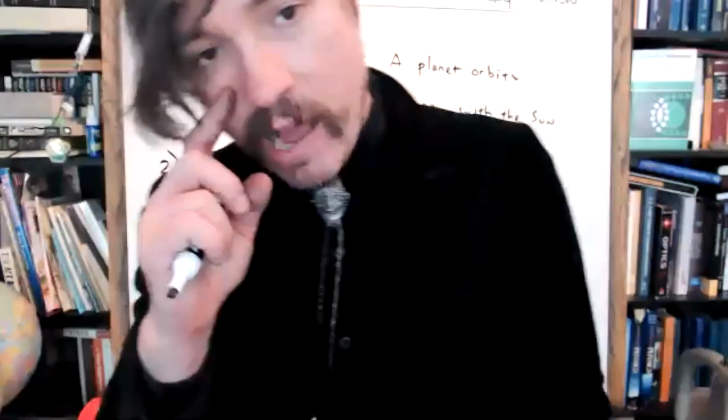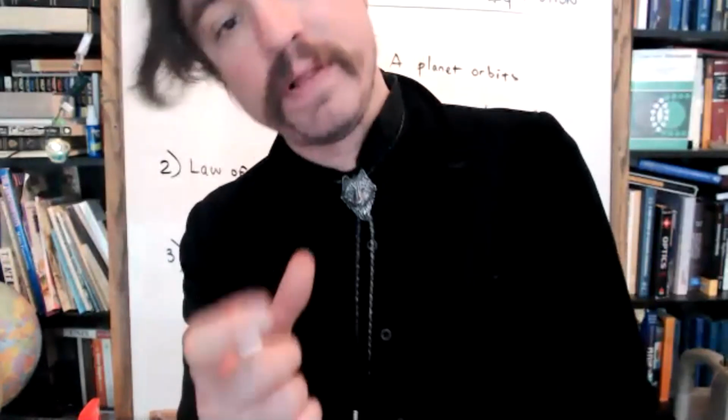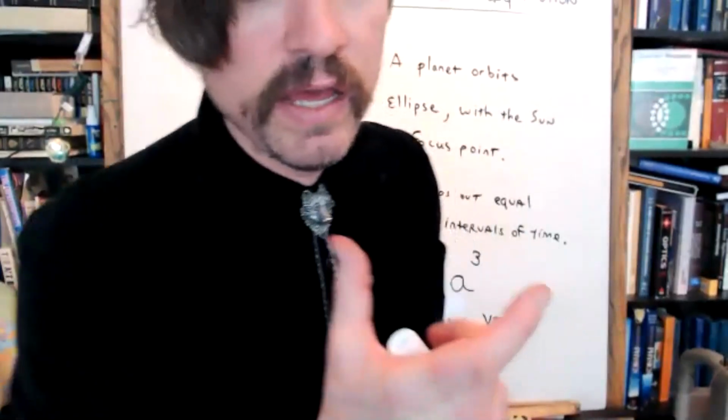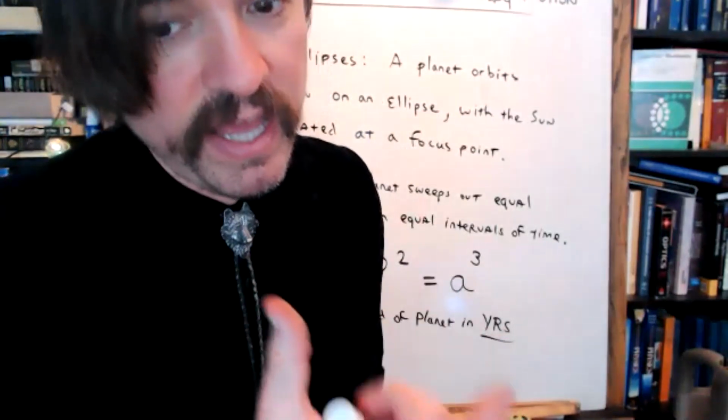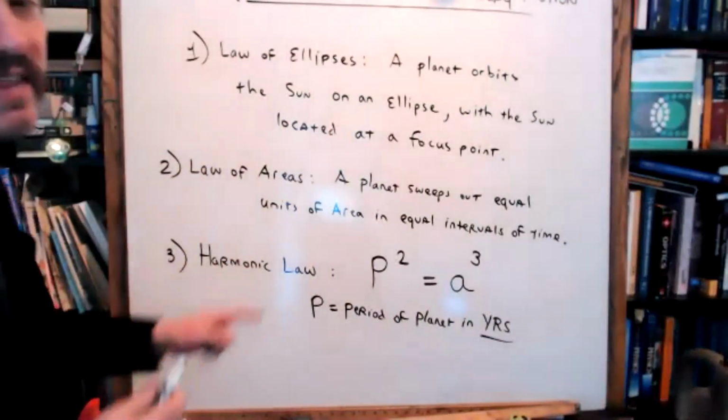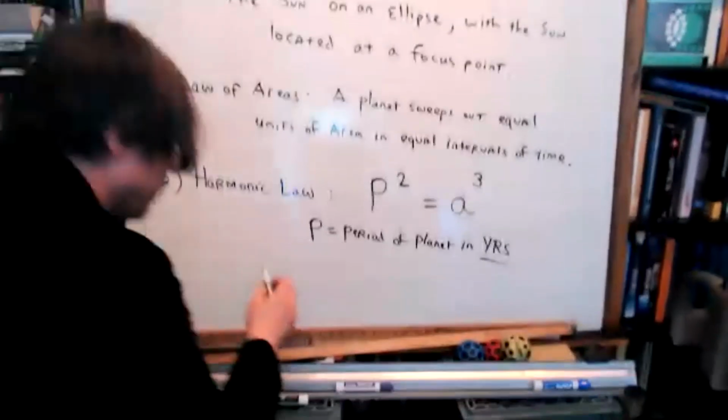Beautiful. But now I've got to tell you something a little bit more complicated, Jenna. The semi-major axis is not only a property of the ellipse, it also turns out to be the average distance between the planet and the sun. Let's take that second definition here.